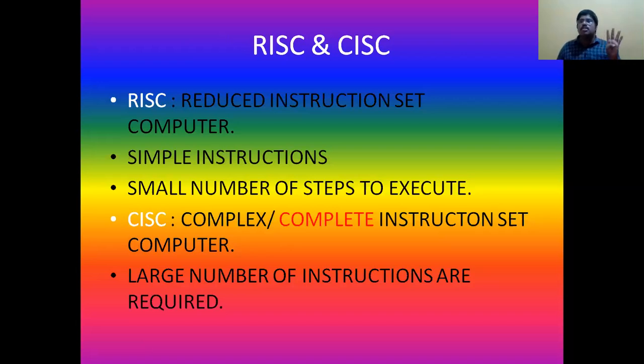Another instruction may have fetching, decoding, memory read, execution, and memory write. That means it may have five stages. So the size of the instruction is also not the same in CISC. Due to this the instructions are not simple or easy to learn by any learner.